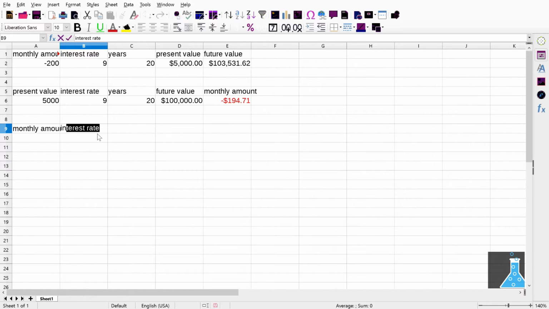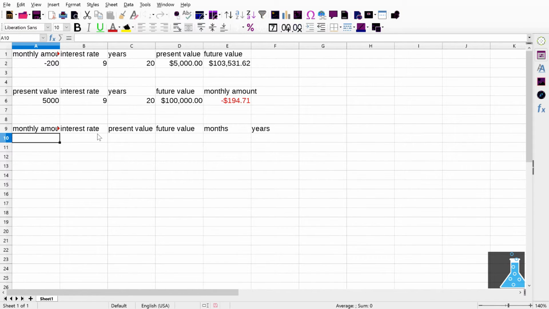We're going to take a guess on the interest rate, and we have a present value, and then we have our goal future value that we want, and then we're going to figure out the number of months. And then we'll also do number of years, because sometimes that's a more useful number.